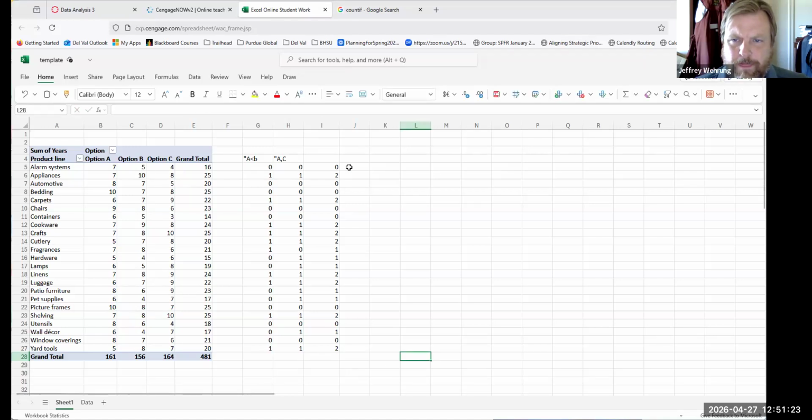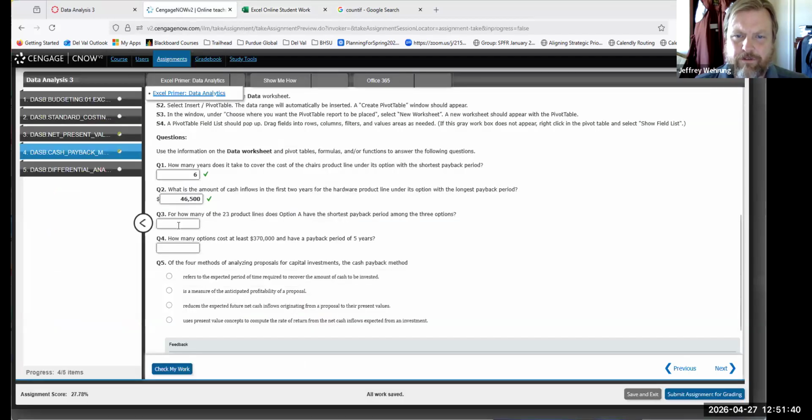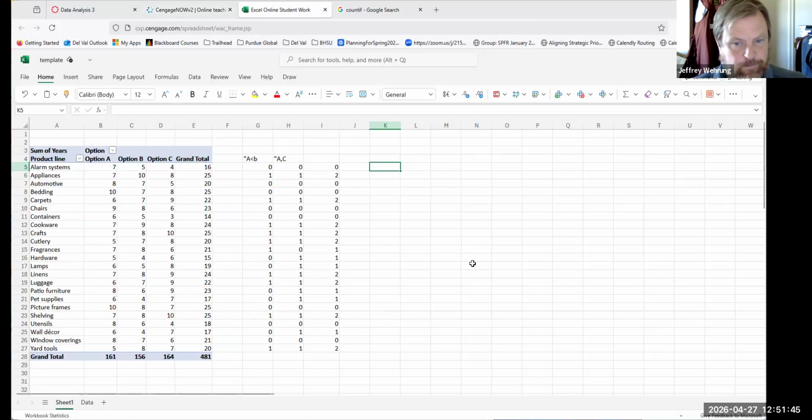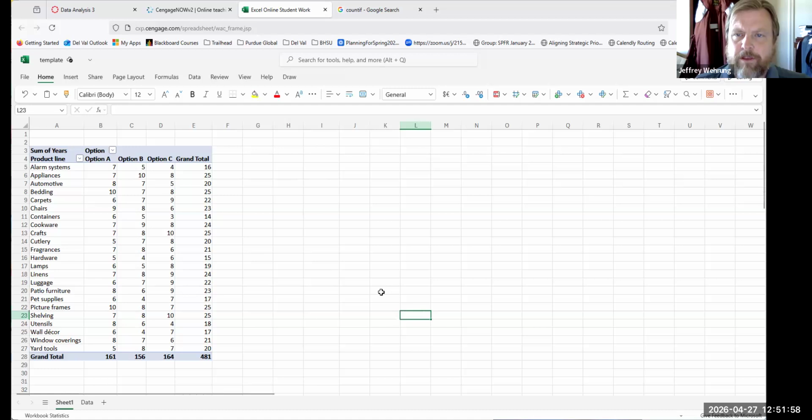That's very strange. Okay, let's try a different way. Well, 1, 2, 3, 4, 5, 6, 7, 8, 9. So there's 9 2's there, so that should be my answer. I don't know why the COUNTIF function is not working. I swear I've used it before in this. Okay, honestly, I think the COUNTIFs would be the way to do it, but the function's just not working. So, okay. So there we go.